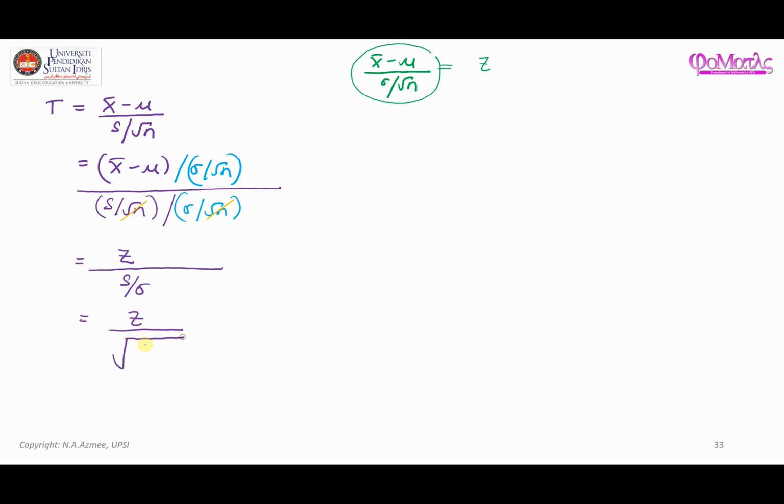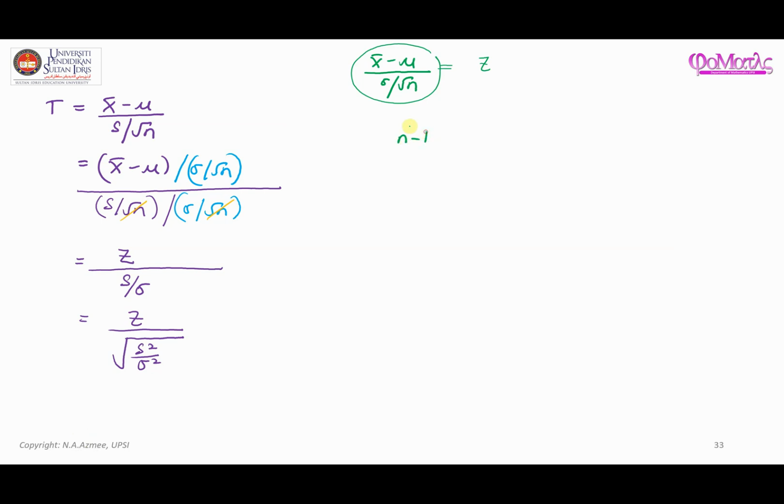I have to express it in terms of s squared over sigma squared, right? So if you consider this part, if you want to take out the square root, you will get back s over sigma. So now we've got some square root inside. Now what I can do is introduce another term, because this is what you have already learned in the chi-square distribution.